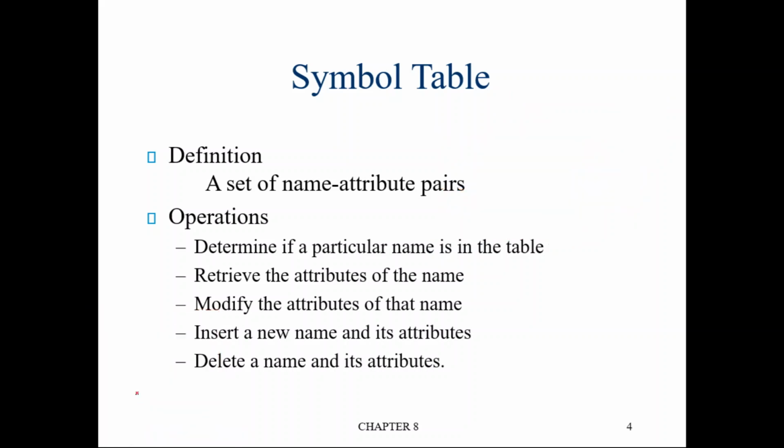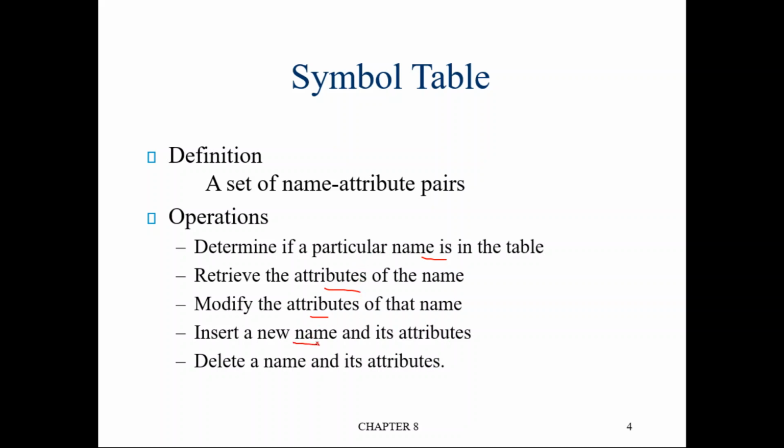So what are the typical operations that we can perform on a hash table? We can determine if a particular value is in the hash table or not. We can retrieve the attributes of the name. We can modify the attributes of that name if it is there.